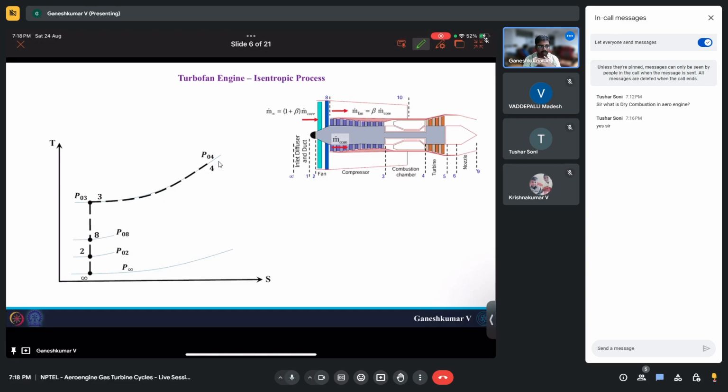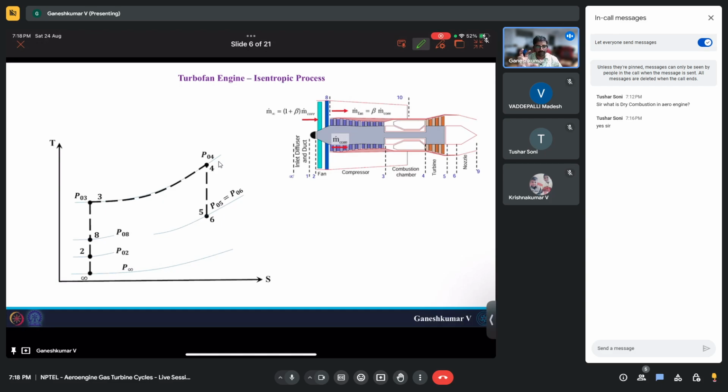But point 4 is at a higher temperature; T4 is greater than T3. Then you have the turbine, which is also isentropic, so you have a reduction in pressure and temperature. And then you have the jet pipe, where we are assuming there's no change in pressure.